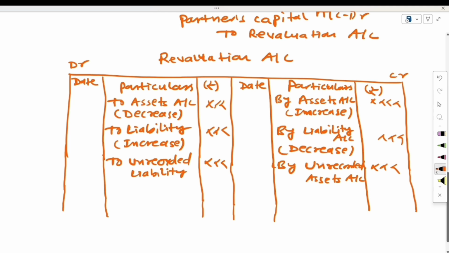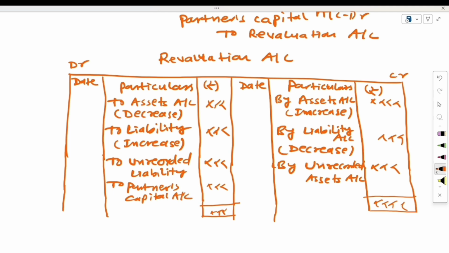Now at last, what do you have to do? You have to balance this. On which side is the amount more, debit side or credit side? If the credit side is more, then it is a profit. You will distribute this profit among the partners. It means this profit will be credited to the partners' capital account, so you will write here by partners' capital account.